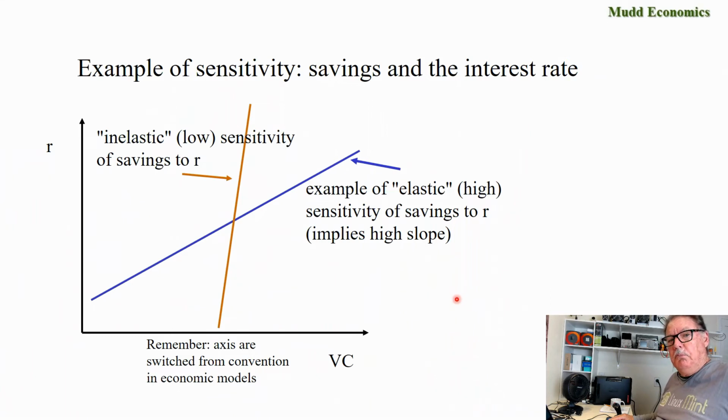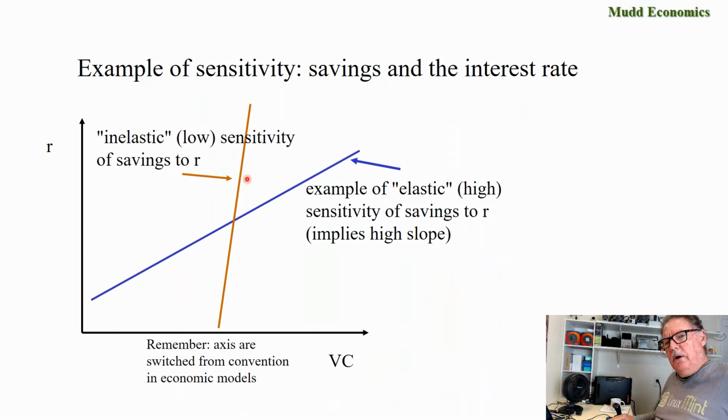That's a concept from microeconomic theory. And so generally, for example, on the savings function, when it's flat like this, actually the elasticity changes at every point along a linear function. But anyway, even if you make it more steep like this, then inelastic sensitivity means you have a low sensitivity of savings to the interest rate.